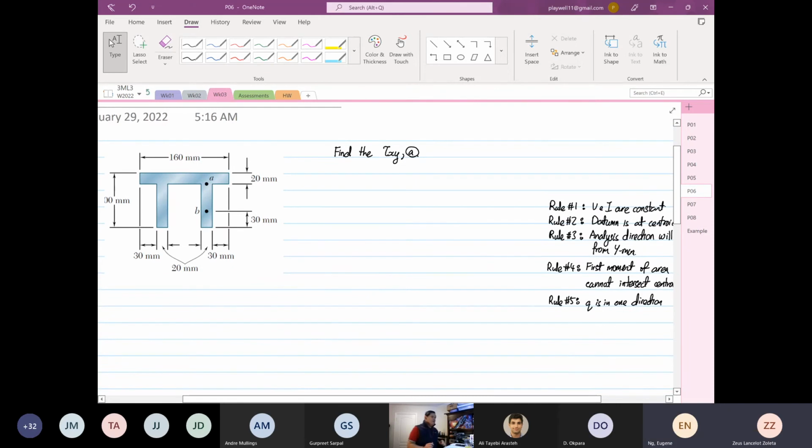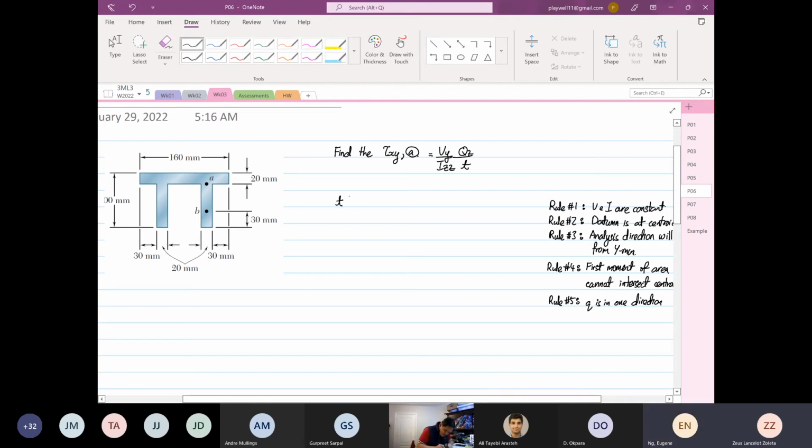So now we have found our Vy. We have found our IZZ. So the formula that we're going to use is equal to Vy over IZZ, QZ is what we don't know, divided by T. Let's do something simple. What is T?